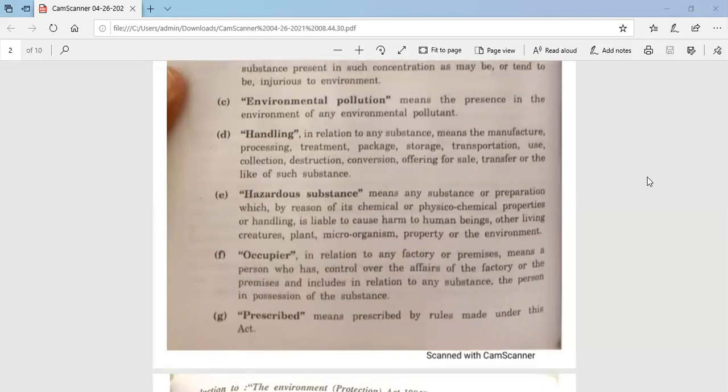Right. Next is hazardous substance, which means any substance or preparation which, by reason of its chemical or physico-chemical properties or handling, is liable to cause harm to human beings, other living creatures, plants, microorganisms, property, or the environment.